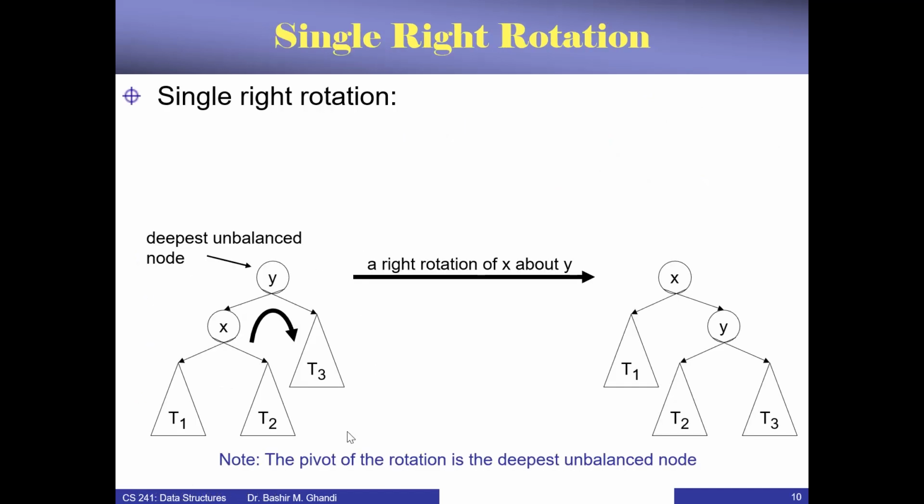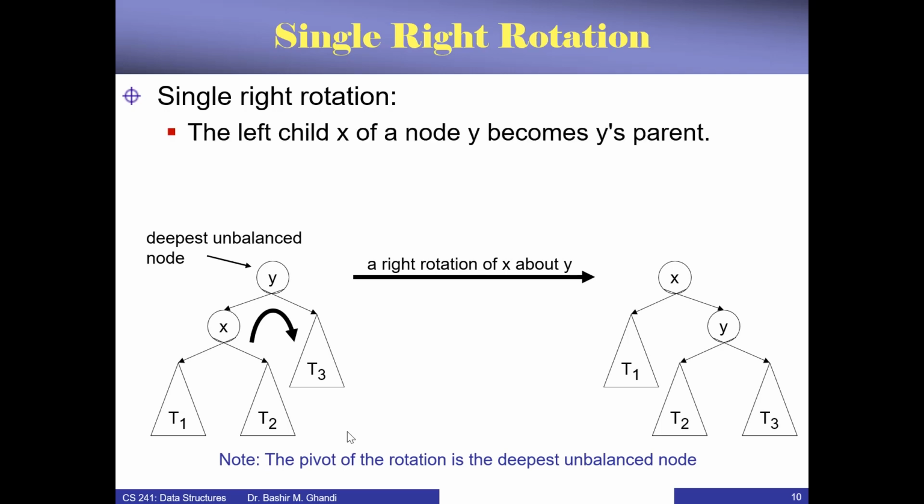This is the definition of single right rotation, and this diagram shows what happens. In single right rotation, we have a node y that we need to rotate to the right.